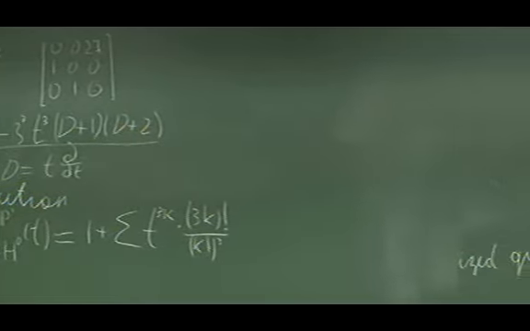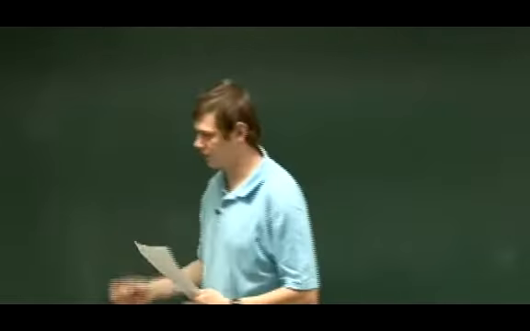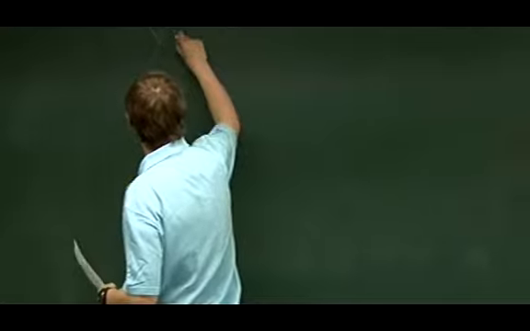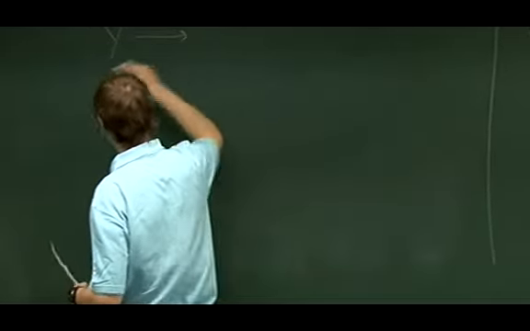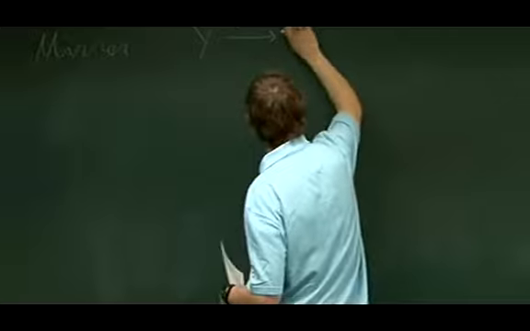The mirror for a Fano variety is actually not a variety but a pencil of varieties, Calabi-Yau varieties. A pencil mirror.